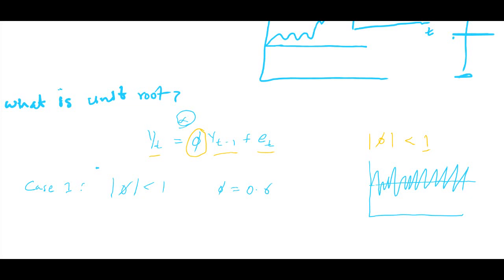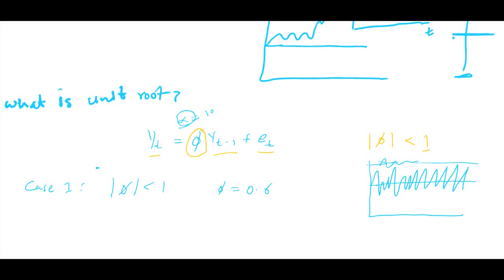If it does have a constant term, for example, if we include alpha over here and alpha's value is 10, then it will move around the mean value of 10. Anyhow, the concept here is that the data will be stationary, it will move around a certain mean.